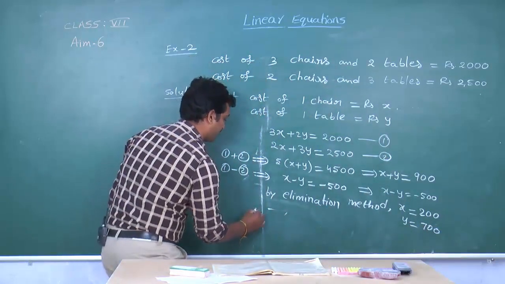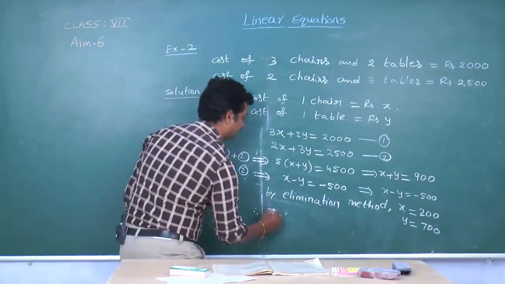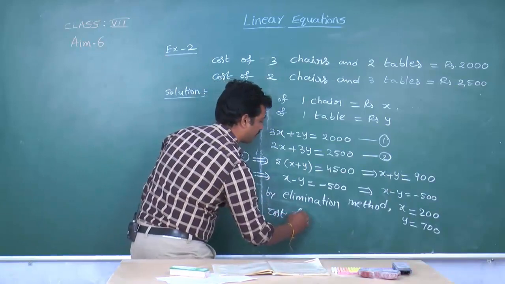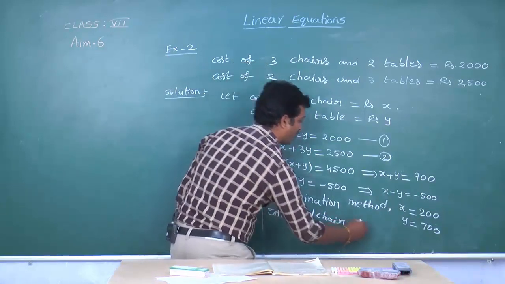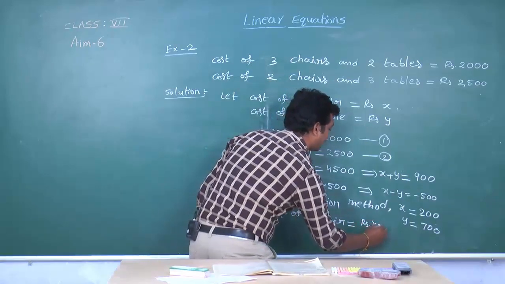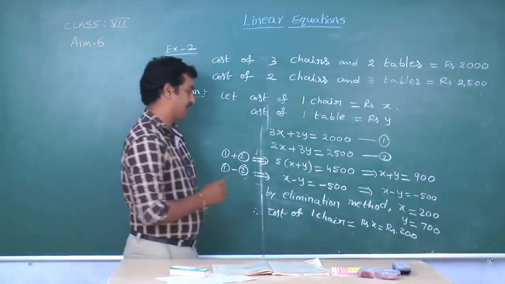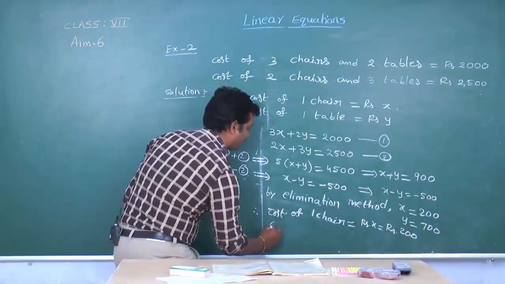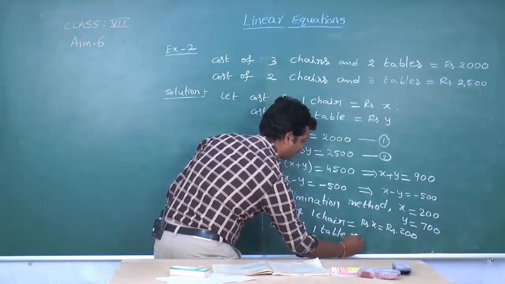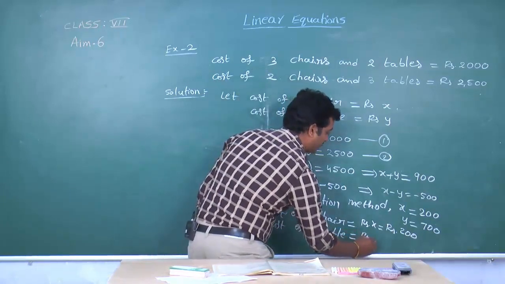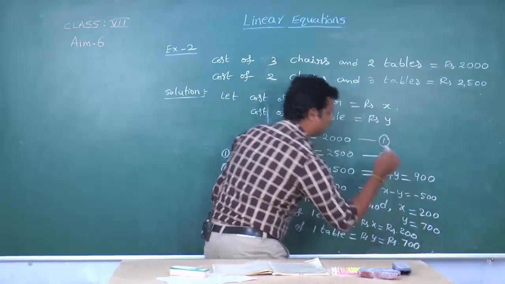Therefore, we get a conclusion. Cost of one chair is rupees x, which is equal to rupees 200. Cost of one table is rupees y, which is equal to rupees 700.